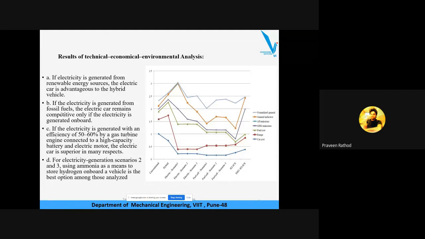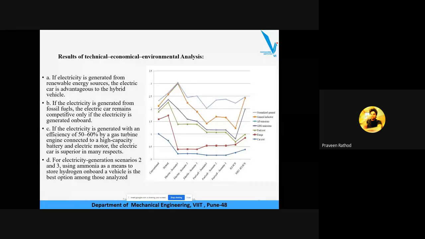If electricity is generated from fossil fuels, what will happen? The electric car remains competitive only if electricity is generated on board. So these are the results; we have seen the impact of technical, economical, as well as environmental analysis. If the electricity is generated with an efficiency of 50 to 60% by a gas turbine engine connected to a high capacity battery and electric motor, the electric car is superior in many aspects.